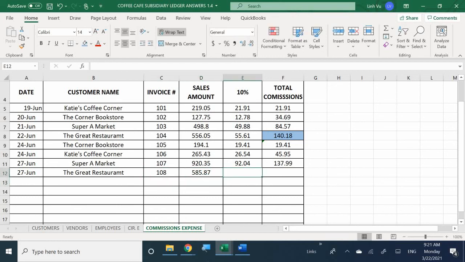And what is 10% of $585.87? 58.59, giving us a grand total of 196.58. Good. All right, what's next?